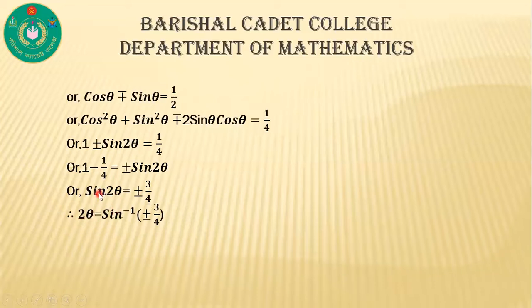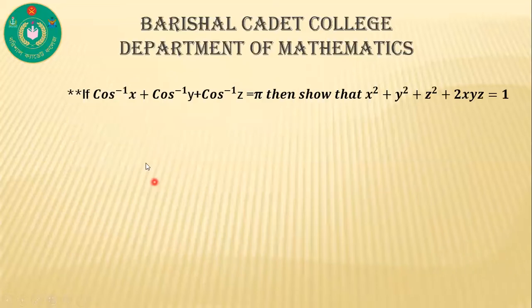Therefore 2 theta is equal to sin inverse of plus minus 3 by 4. Therefore theta is equal to half sin inverse 3 by 4. Proved.